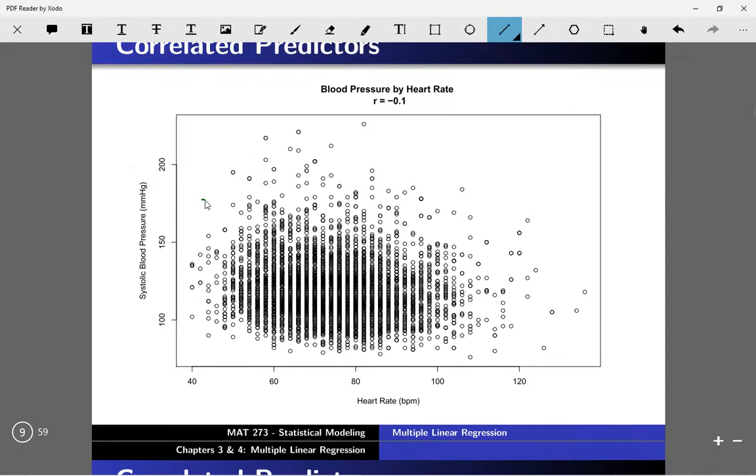It might be more like this, but still a negative downward slope here in the points for this line of best fit. And this is indicated by the correlation coefficient between them being minus 0.1. So certainly it's not as strong of a correlation as with age, but there's still a correlation between blood pressure and heart rate here.